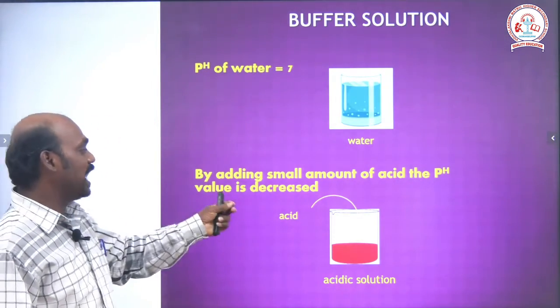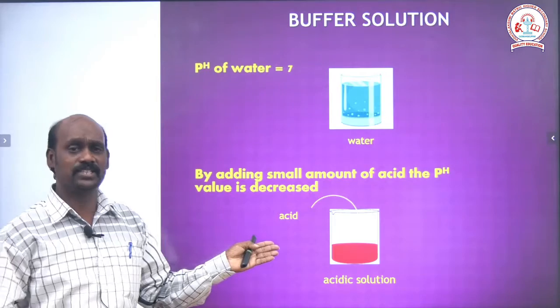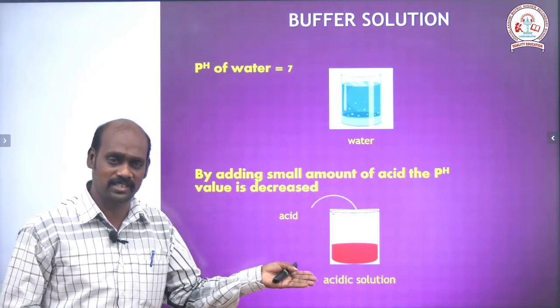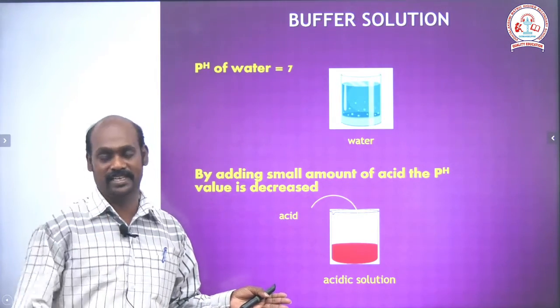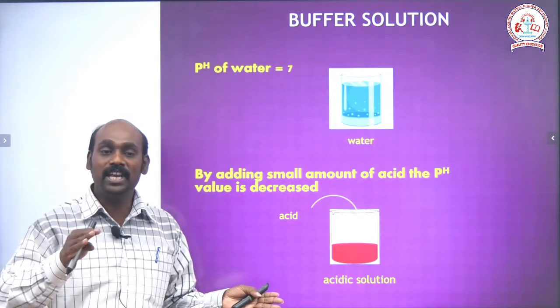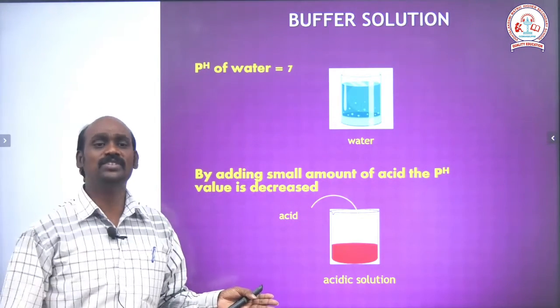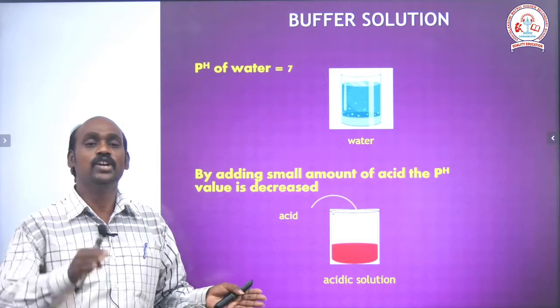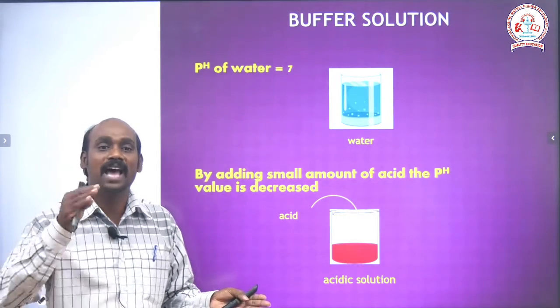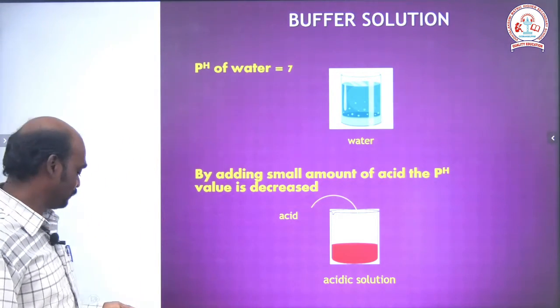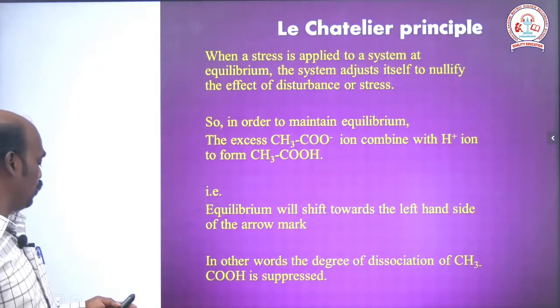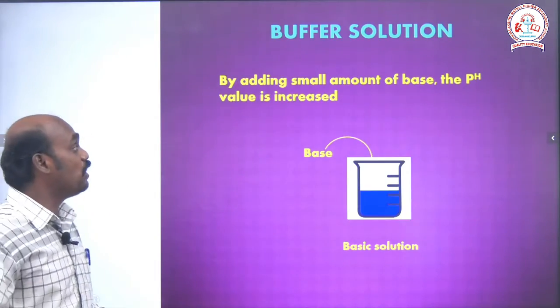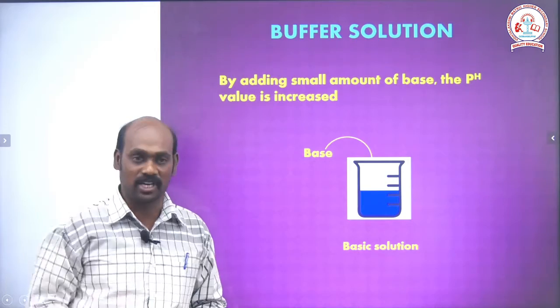Okay, now by adding a small amount of acid to the water, the pH value decreases. That means the pH value tends to go below 7, which indicates the solution becomes acidic. Then suppose we add a small amount of base to the water.